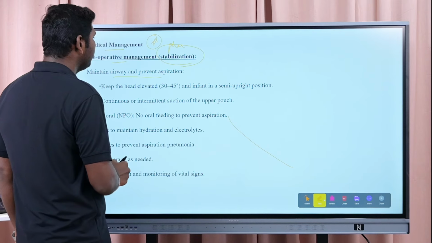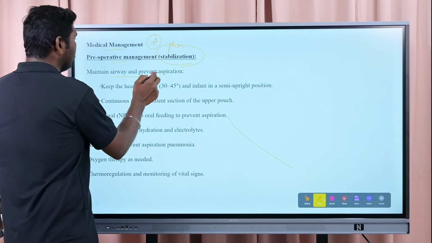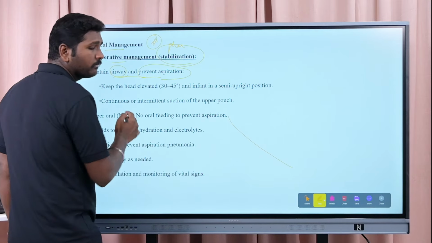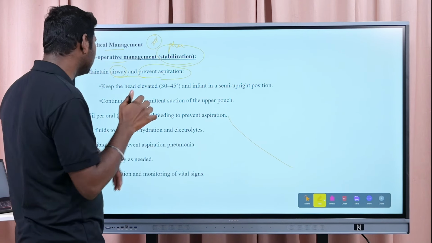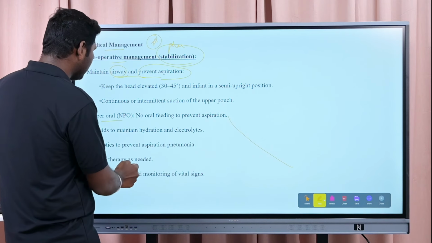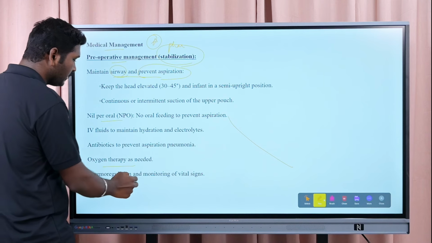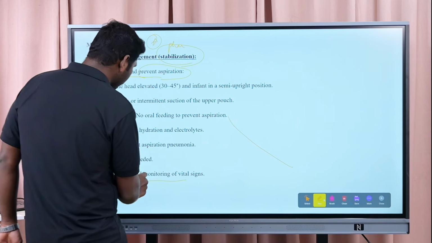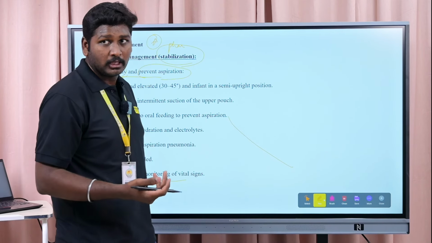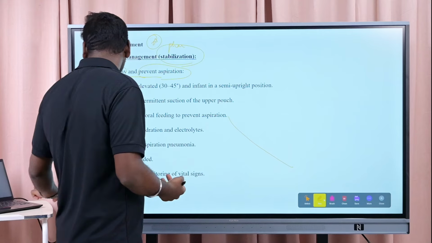Maintain airway and prevent aspiration, because both esophagus and trachea are connected together here. That is a problem. NPO, IV fluids, antibiotics, oxygen therapy as needed, and thermoregulation and monitoring of vital signs. Why? Because the baby has immature thermoregulation. So that is the ideal concept.